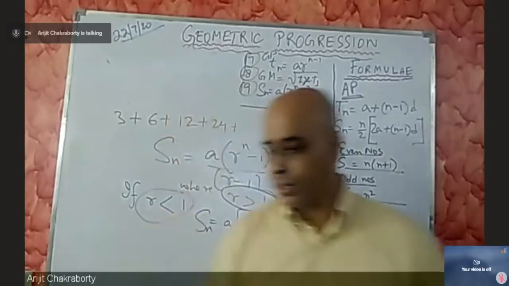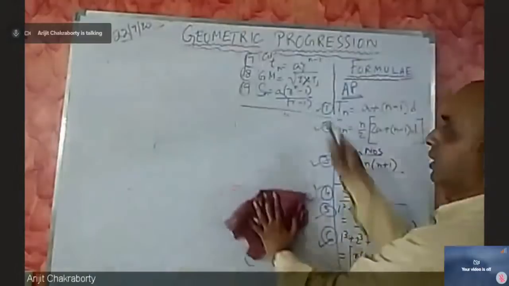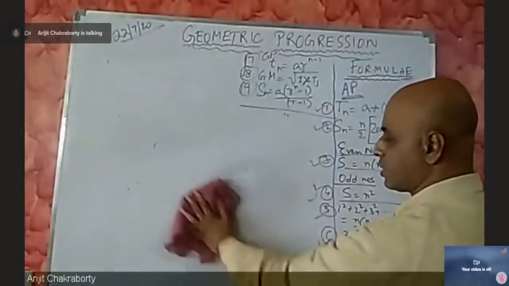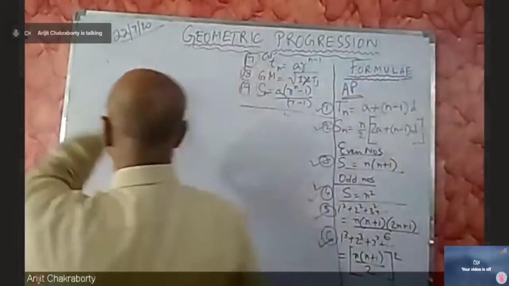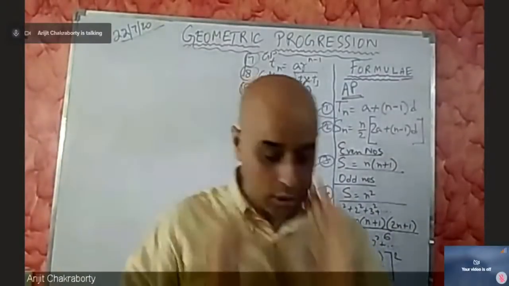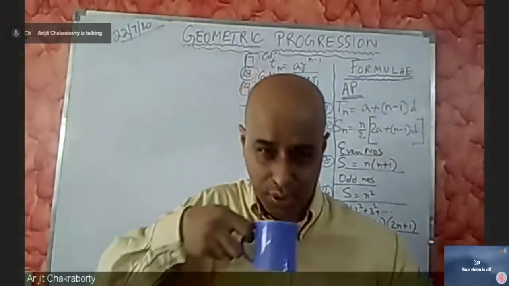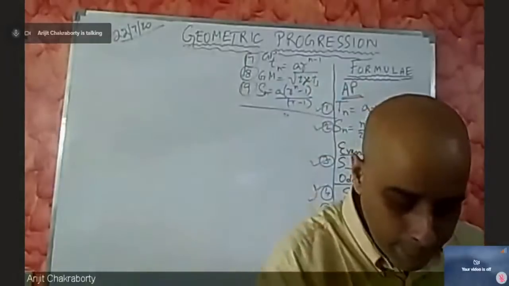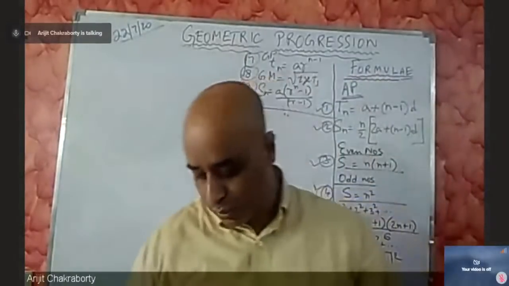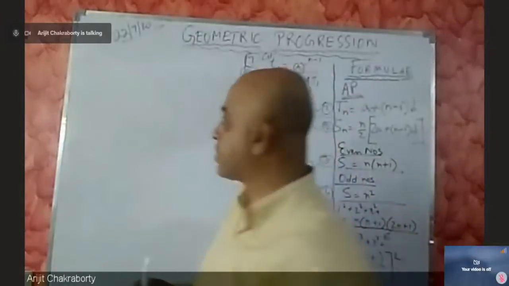Okay, so let's take this example. I'm rubbing this and we'll use the formula. The formula is written here for ready reference. I'm jotting down all the formulas from arithmetic mean as well as arithmetic progression as well as geometric progression, so that it becomes easy for you. Now, you have to find out the sum of the first 20 terms.